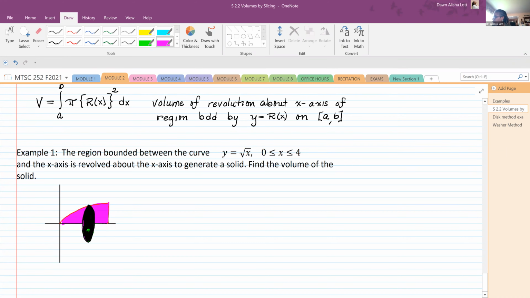So there's my disk. Now I need to find the radius of the disk. Well, the radius of the disk is just this height, and that height is y, equal to the square root of x. So now I know my radius r of x is the square root of x.